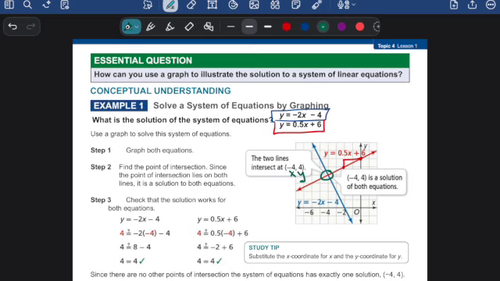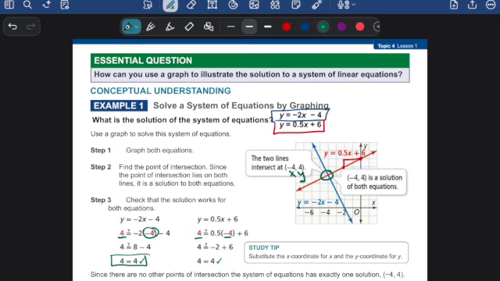And we can check. If we plug in those values for x and y, if we plug in negative 4 for x here and plug in 4 for y, if we do the arithmetic, negative 4 times negative 2 is positive 8, minus 4 is 4. That does equal 4, so that is a solution. Plug it into the second equation. So plug in negative 4 for x, plug in positive 4 for y.